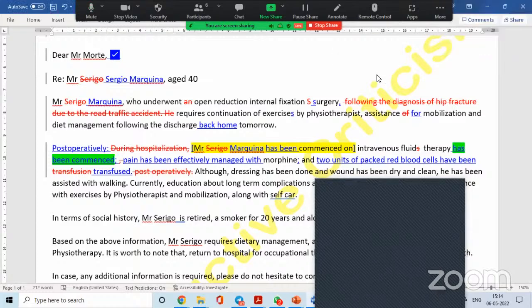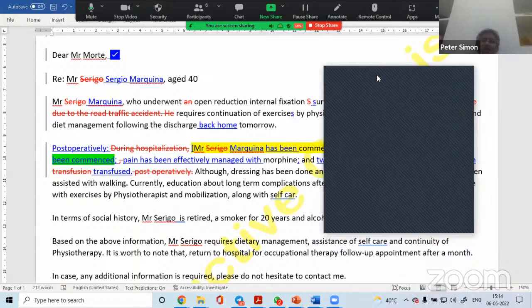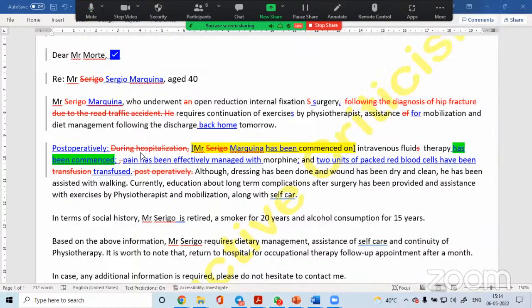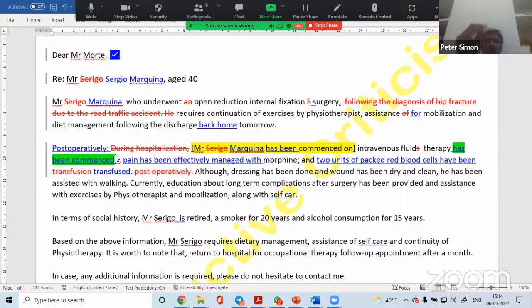If you have any doubts, you separate the sentences and write. Post-operatively, comma, intravenous fluid therapy has been commenced. Full stop. Next sentence, capital P. Pain has been effectively managed with morphine. Full stop. 2 units of packed red blood cells have been transfused. Full stop. Finished.